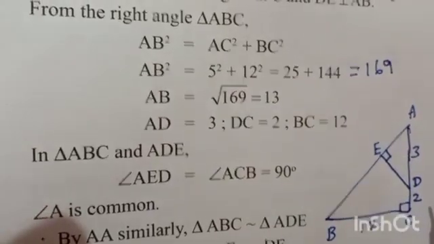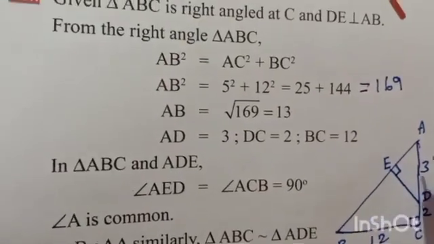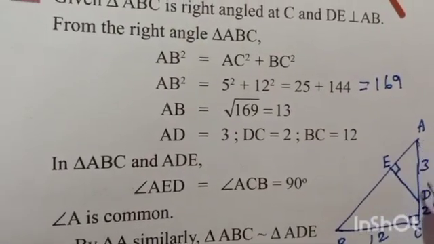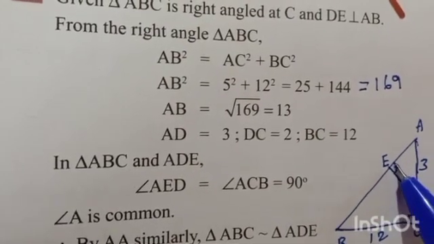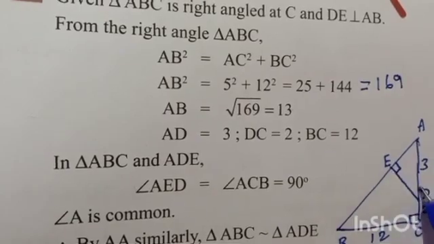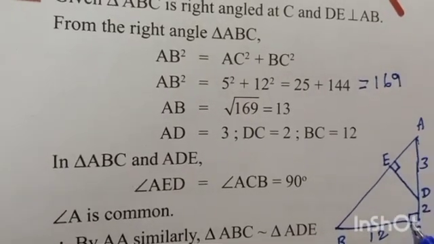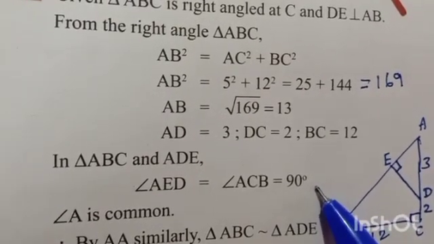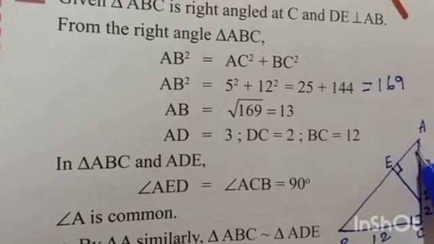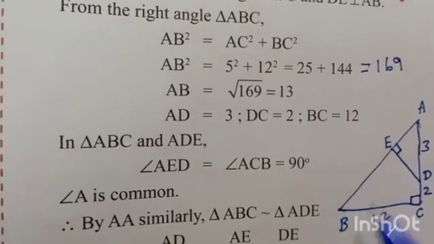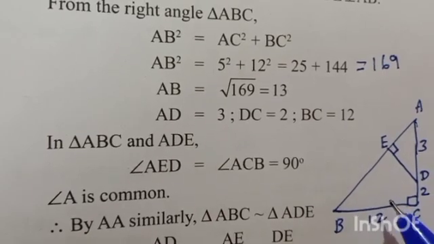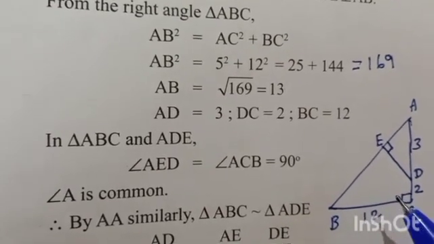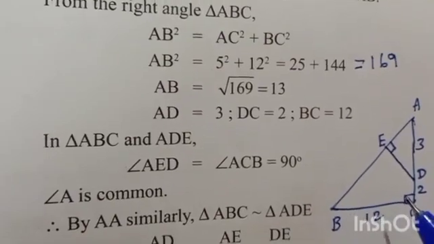Whatever values are given, you have to write. Now in triangle ABC and ADE, you have to compare these two triangles. Angle AED and angle ACB are equal to 90 degrees. Angle A is common for both the triangles. So by AA similarity, these two triangles are similar. How do you apply the similarity?